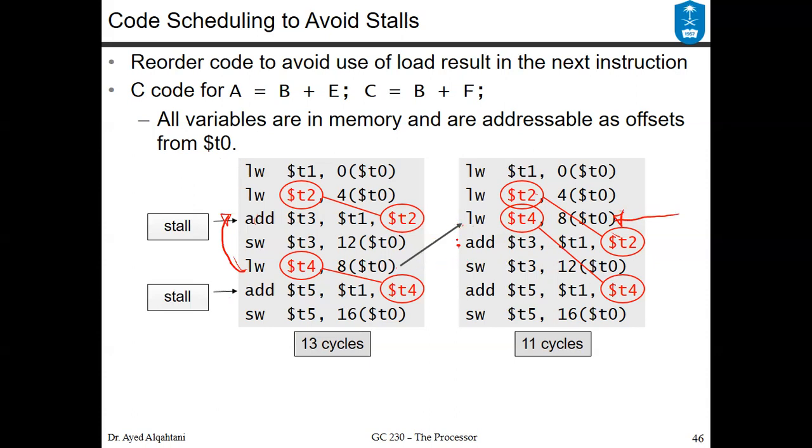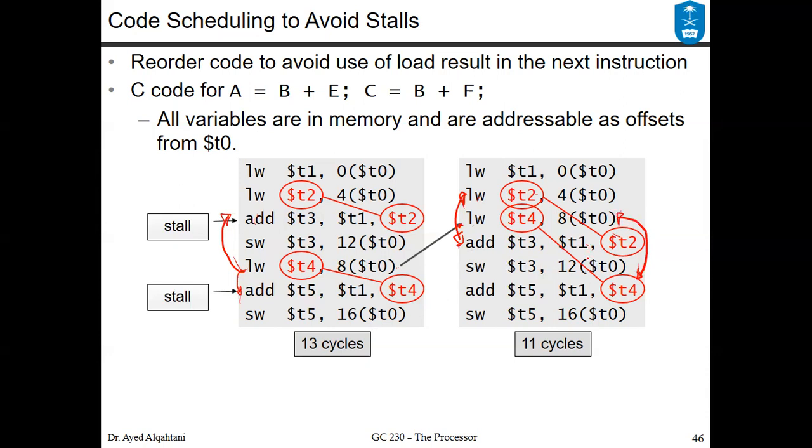Not only this, we also make the load away from the add. So by doing only one instruction movement from this position to this position, we make a space between the load and the add, and also between this load and this add.